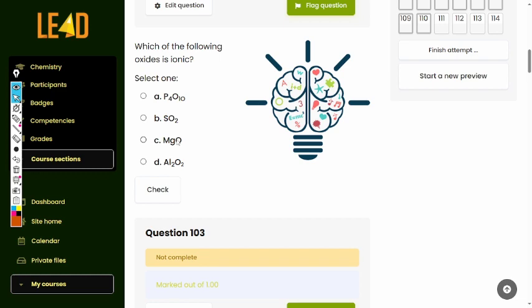Now magnesium oxide is an ionic compound. Aluminium oxide, surprisingly, is also an ionic compound. But I think the more appropriate answer to pick here would be magnesium oxide, because the difference in electronegativity between magnesium and oxygen is larger than between aluminium and oxygen. So magnesium and oxygen is more likely to give you an ionic compound than aluminium and oxygen. Okay, so the answer is C.